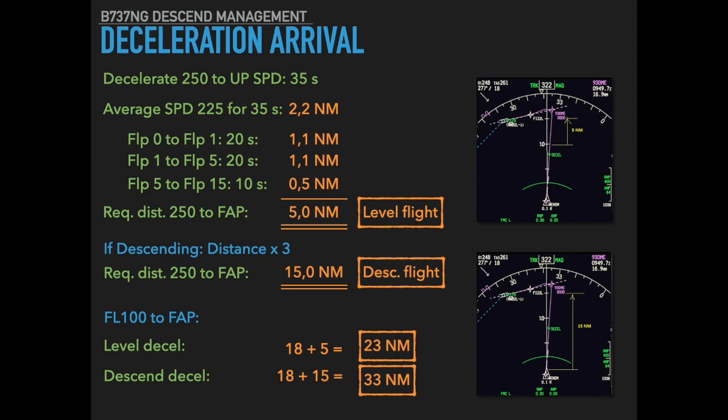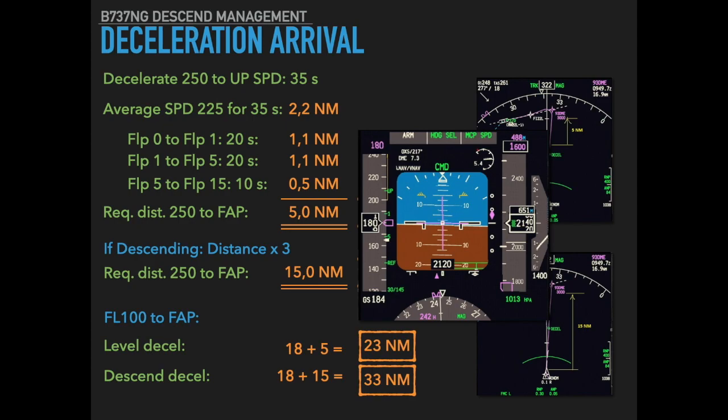Remember that the prog page shows the total distance to go, so you should maybe add the final approach leg to the distances above. You may not wish to decelerate directly to 200 knots, and you may not wish to maintain 200 knots flying with flap 5. Typically, ATC restricts you to 230, 210, or 180 knots during the arrival, and you must of course comply with such instructions.